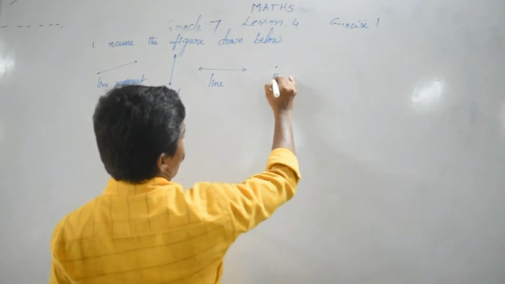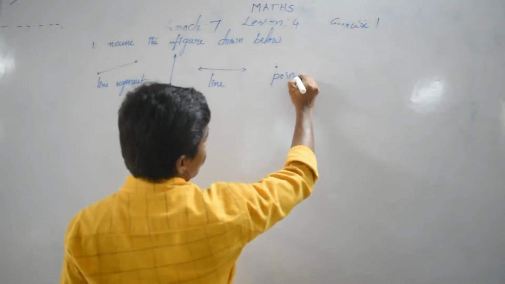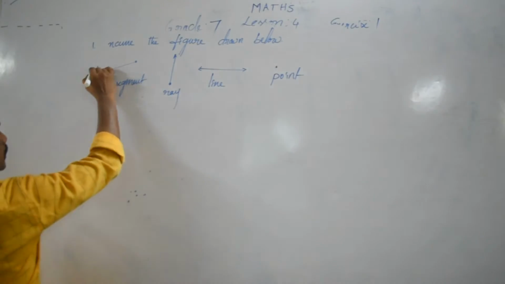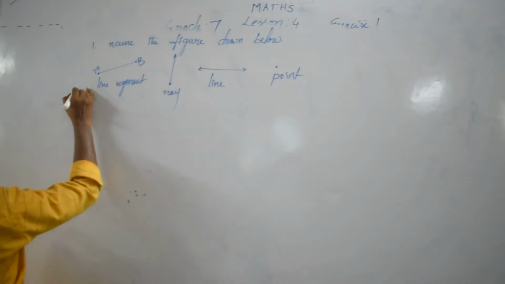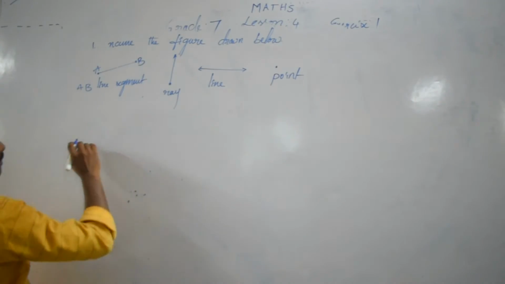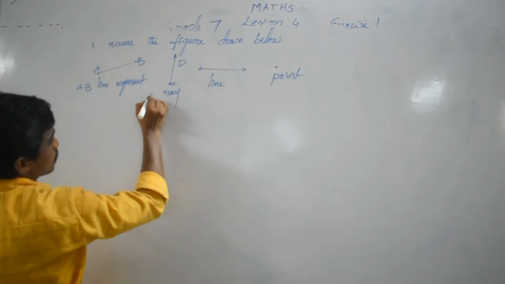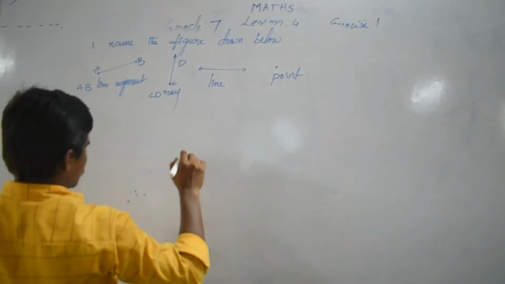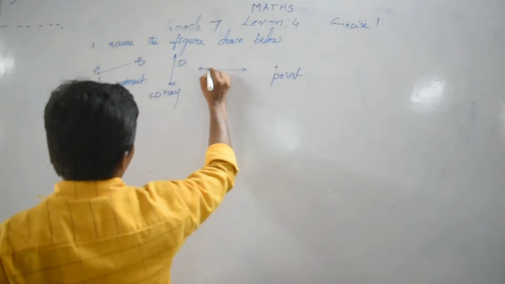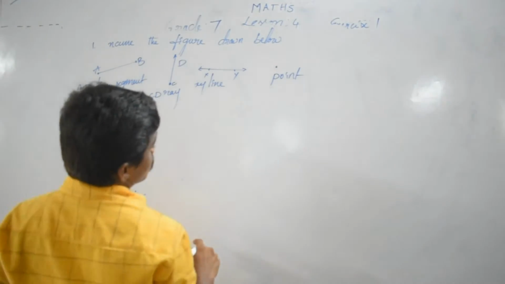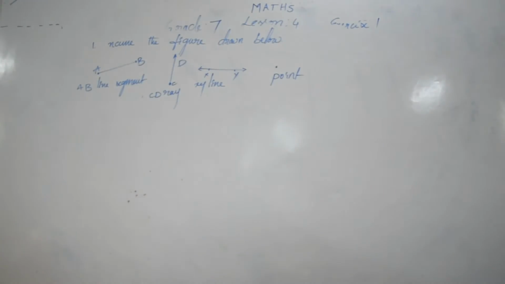This is a point. Here, AB line segment. Next, CD ray. Next, XY line. So point P.